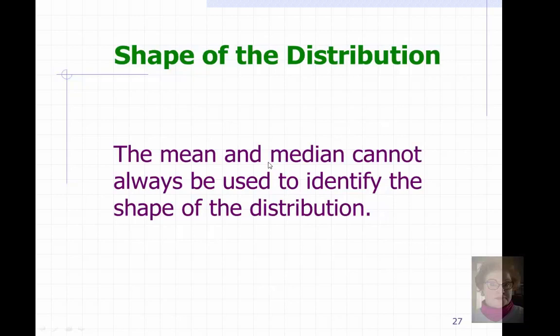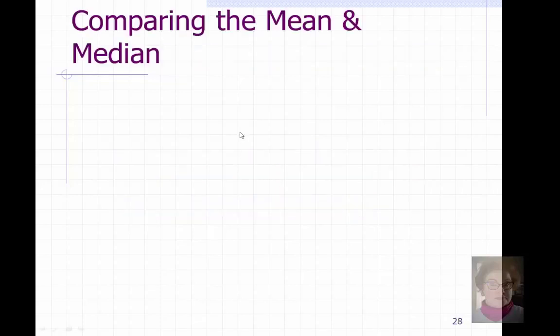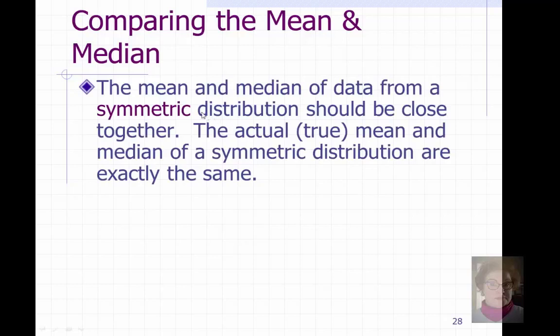The mean and the median are in different places in different types of distributions, but it is not always sure. It gives us hints. So when we have a symmetric distribution, the mean and the median should be close together.